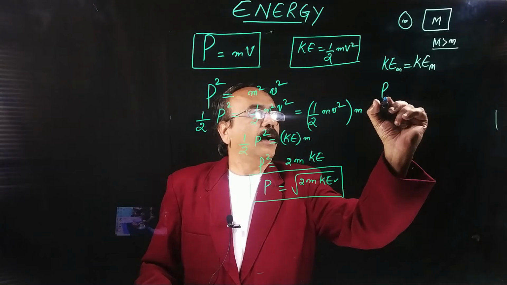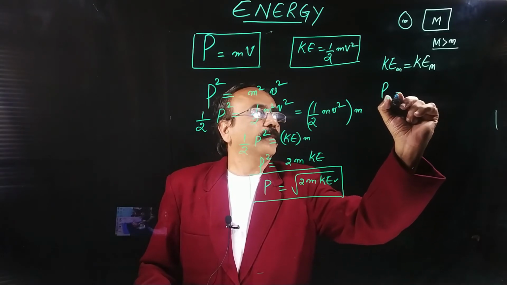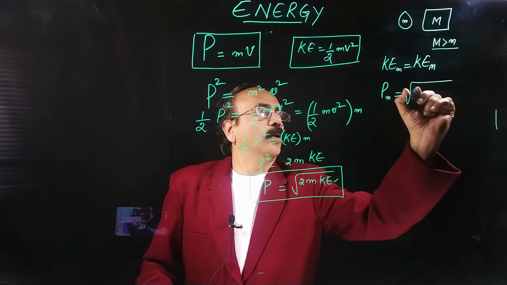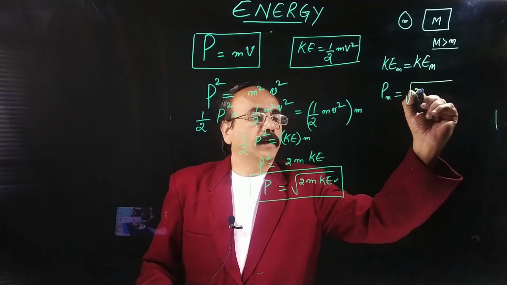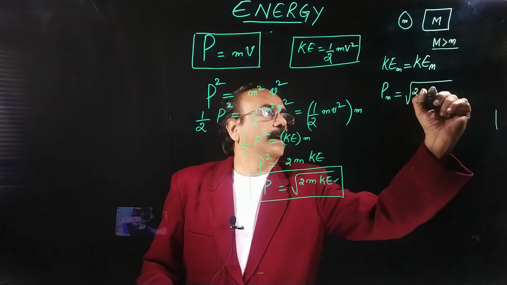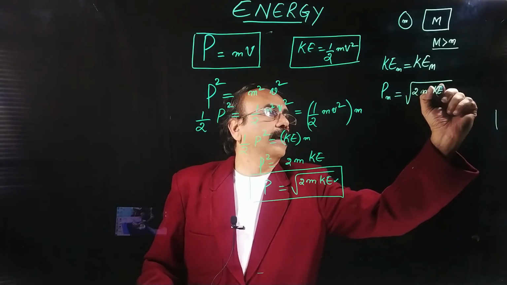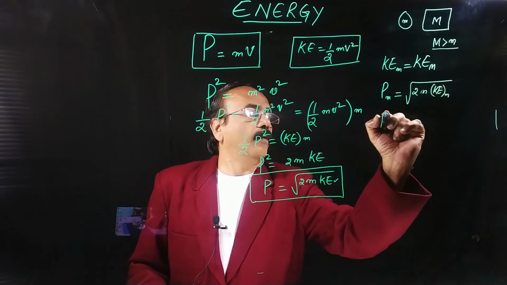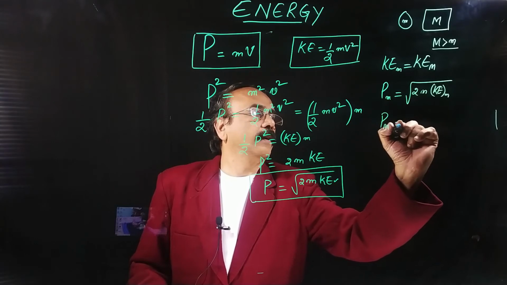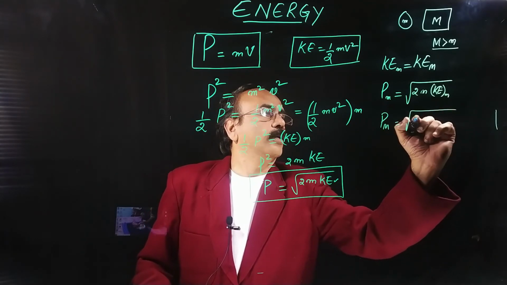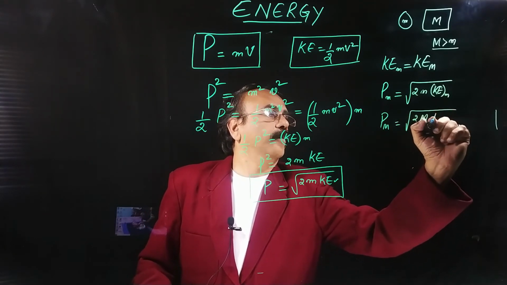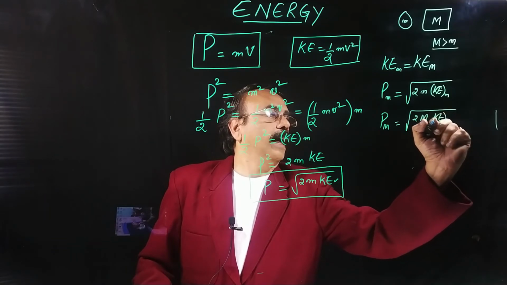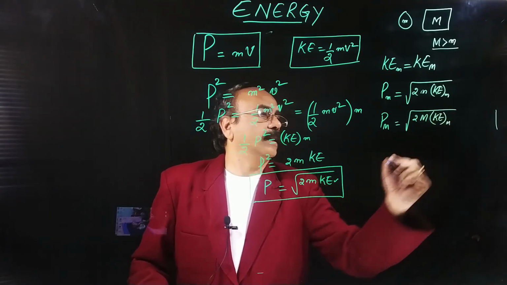P of small m is equal to root 2 times small m times kinetic energy, and P of heavier mass is equal to root 2 times capital M times kinetic energy of the heavier mass.